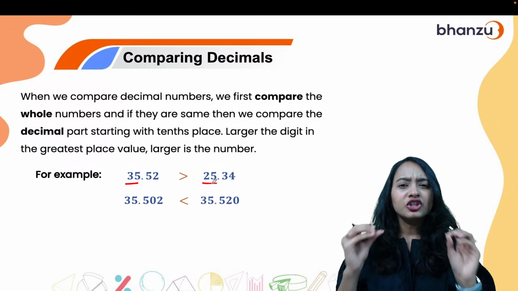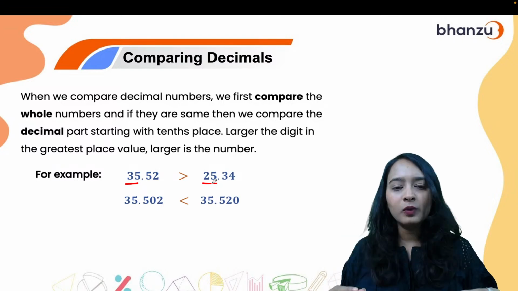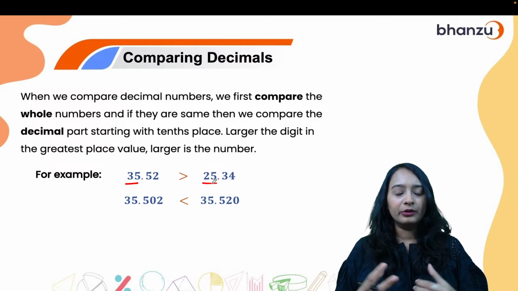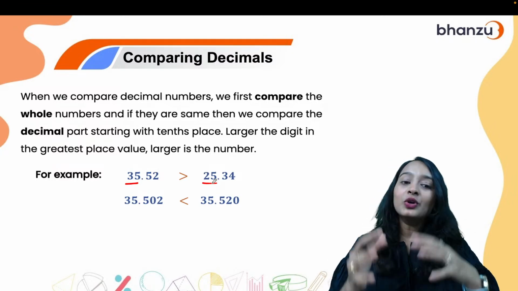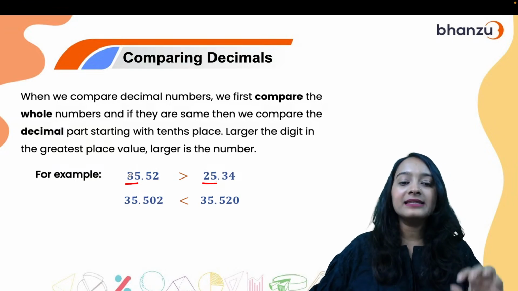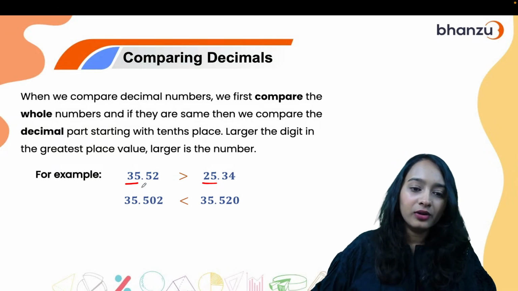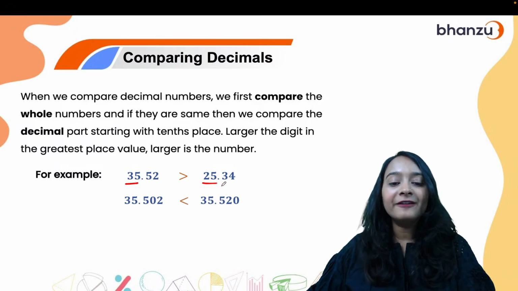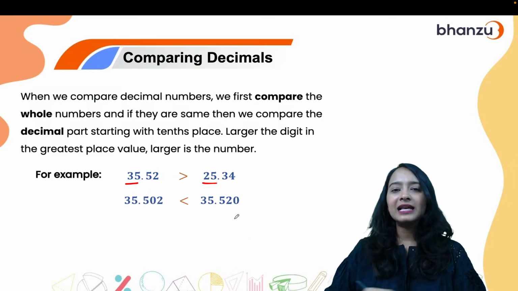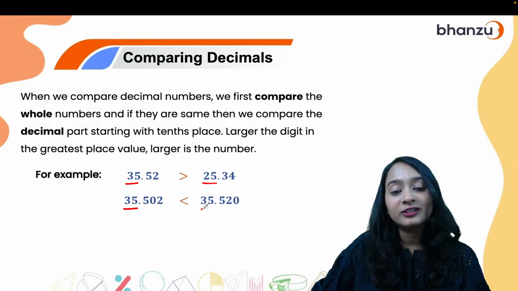When you had to compare two whole numbers, what do we have here? 35 is greater than 25. Even in decimals, it applies the same. It is the same rule. So, 35.52 is greater than 25.34. Now you will ask, ma'am, what if this is also 35, this is also 35?